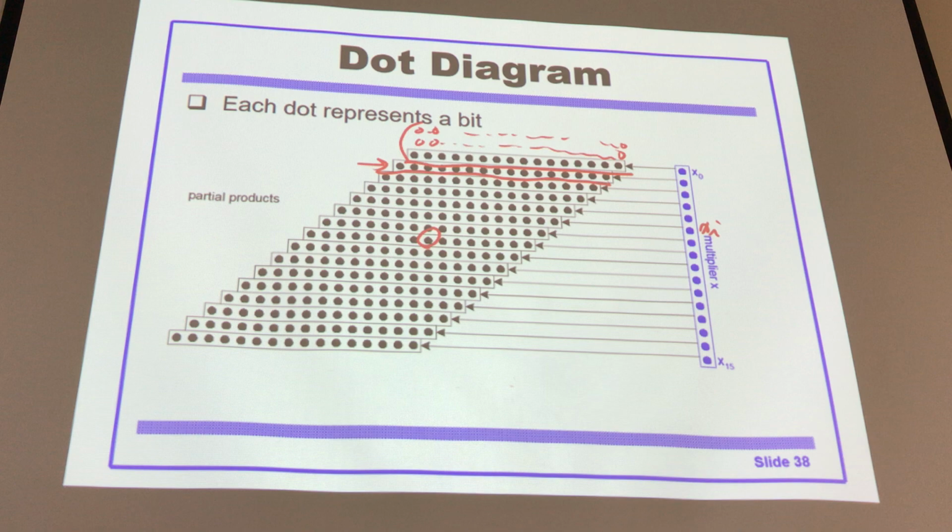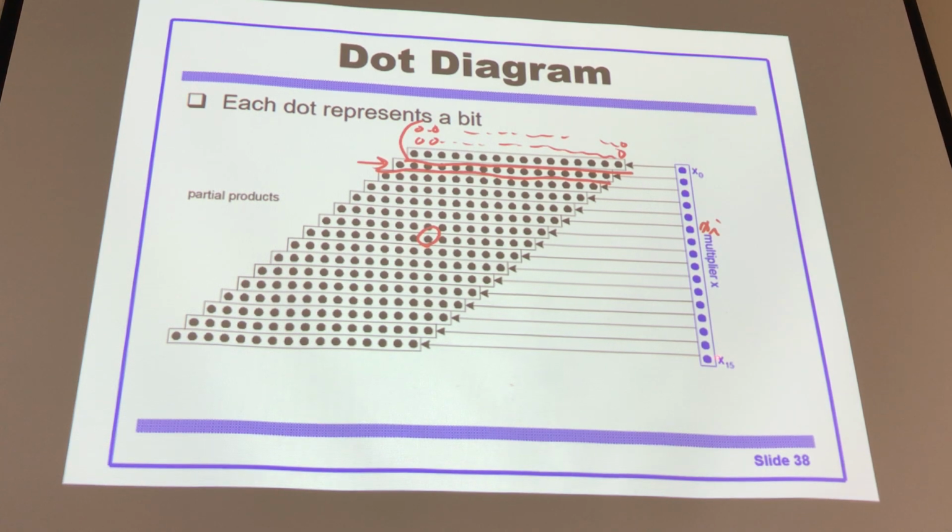But is it possible to reduce the number of partial products? Here we have, I guess, 16, the 16-bit multiply. When you have a 16-bit multiply, you have to have 16 partial products, 16 rows. The more rows, the longer the delay.